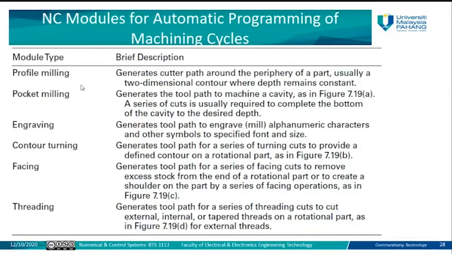It will be repeated again. So some of the existing modules for such NC operations are profile milling, pocket milling, engraving, contour turning, facing, and threading. All these operations are ready. I mean, each comes like a complete cycle, and this cycle will be used to perform one specific task.